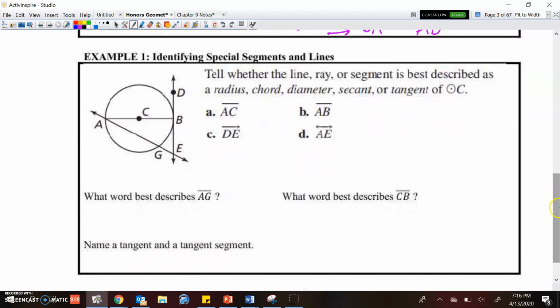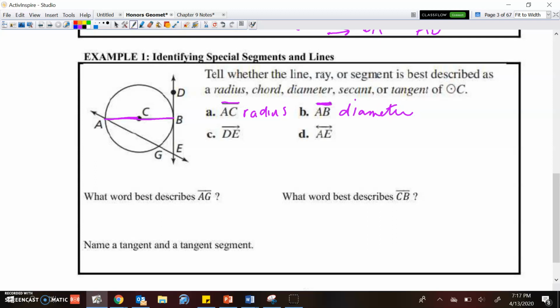So let's classify a few. Tell what we have best described below. AC is right here. This is going to be a radius. Pay attention to the symbols here. Sorry, this is segment AB, not line. Segment AB is going to be a diameter.